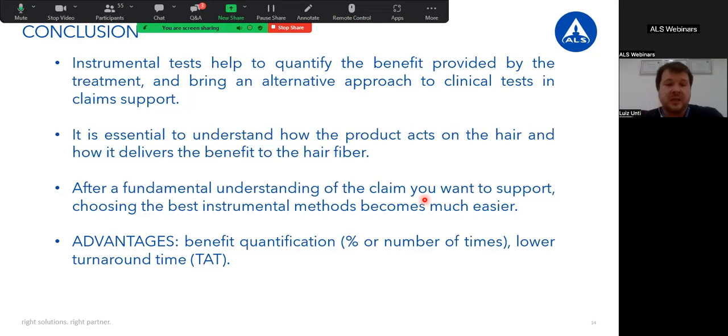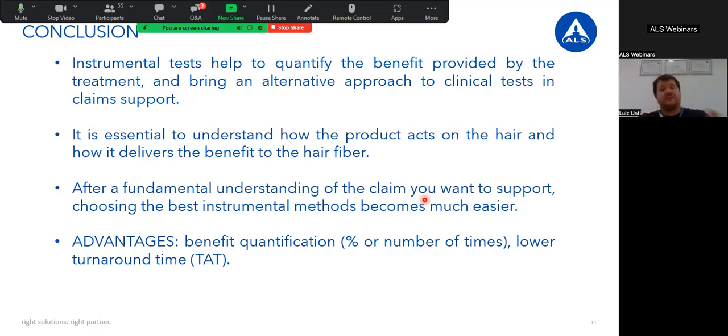provide to the hair. But today we also discussed the essential points to understand first: in which hair types we are going to test the treatment, which condition, if we are going to use natural or damaged hair, because this can help us understand how the product acts on the hair fibers and how it delivers the benefit to the hair fiber.